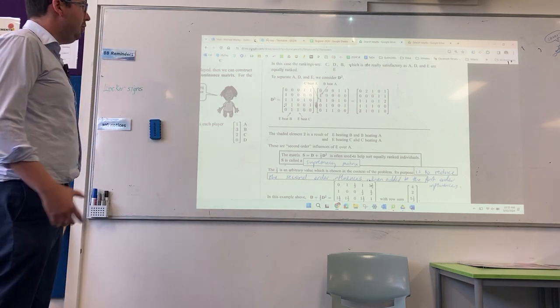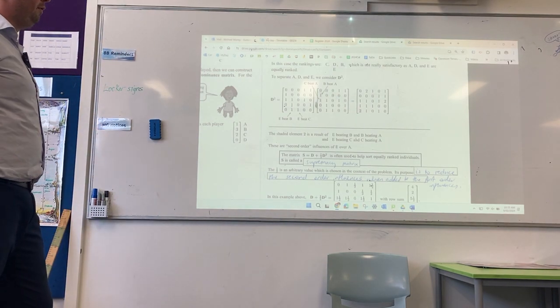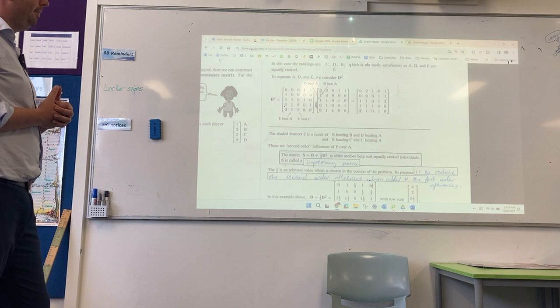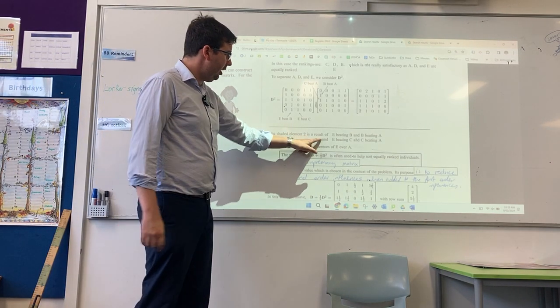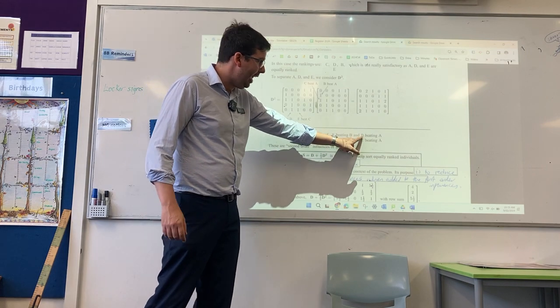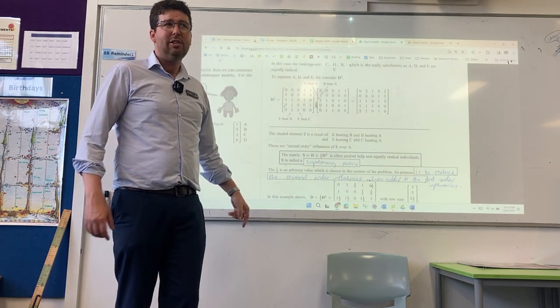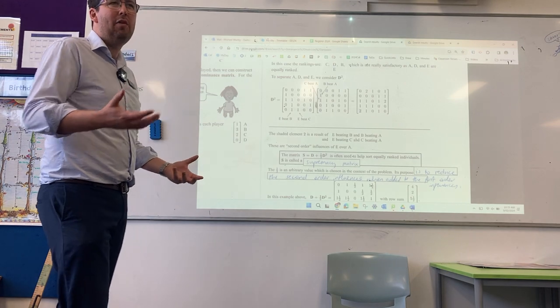So it gives a little bit more information about who's possibly better. The 2 is a result of E defeated B and B defeated A. So that kind of shows that E is dominant over A.